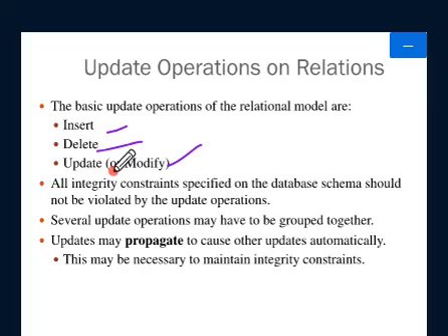All integrity constraints specified on the database schema should not be violated by the update operation. Say for example, when I insert values into the database, my insert operation should not change the state of the database to an invalid one.